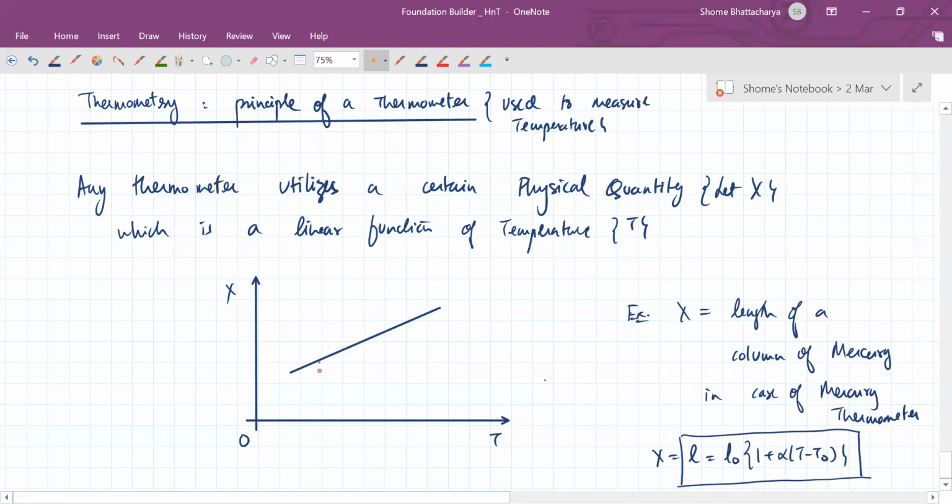So at a temperature of T naught, if the value of x is some x naught, then at some new temperature T1, it is x1.